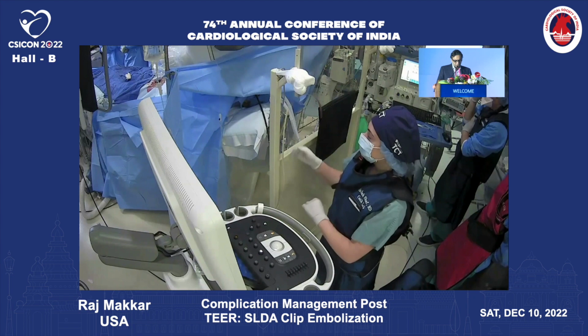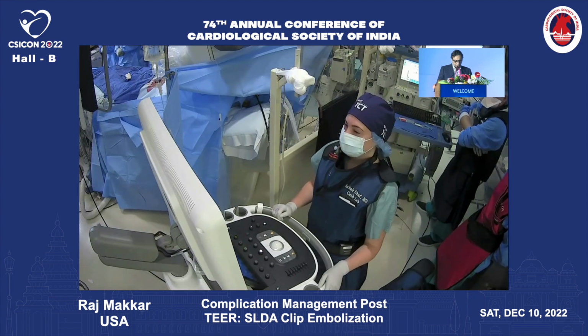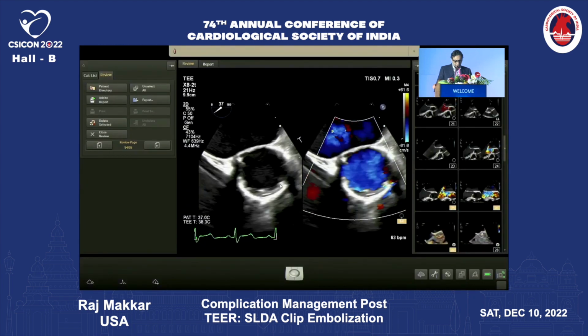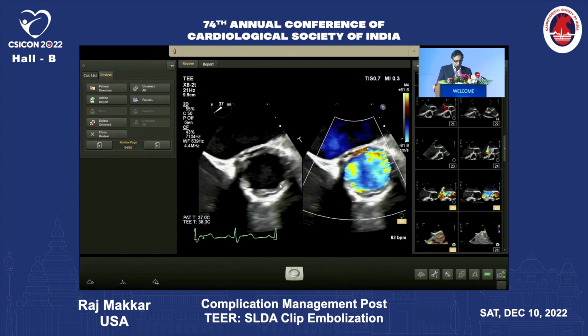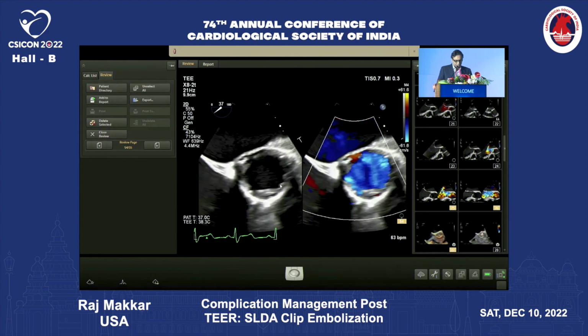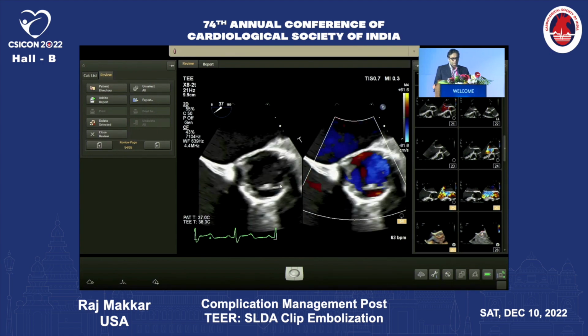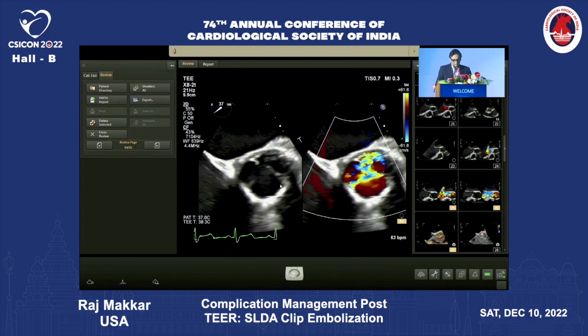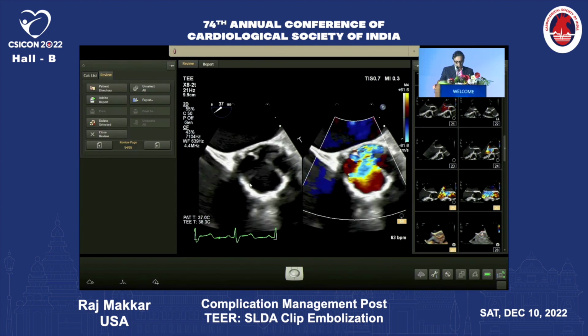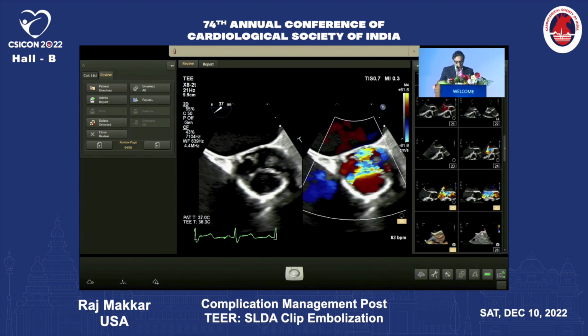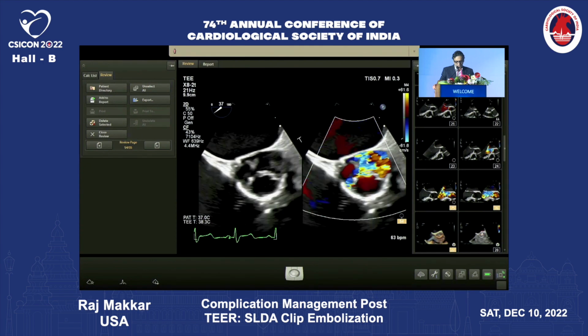Can you please share your thoughts about the echo findings? Yes, thank you, Raj. So I don't know if everyone can see my echo screen, but here I have displayed the short axis of the aortic valve. So the TEE confirms that it is indeed a tricuspid valve. You could see all three cusps. There's a very wide central AR jet that goes from the non-coronary to the left coronary commissure.